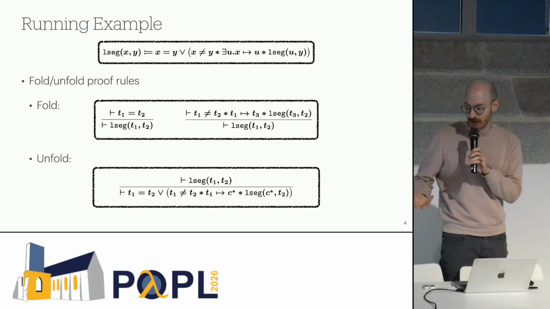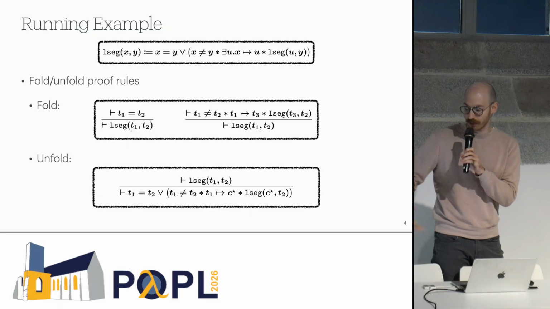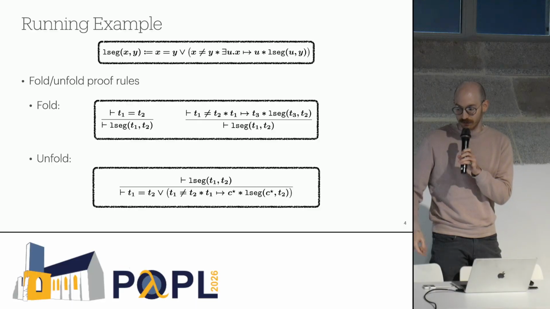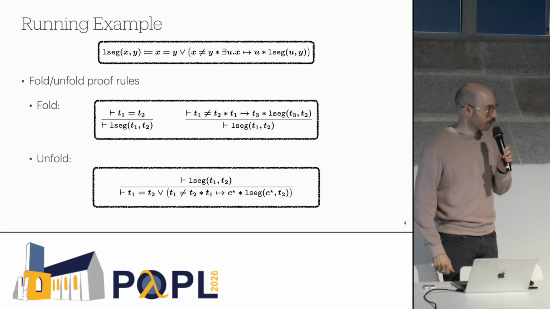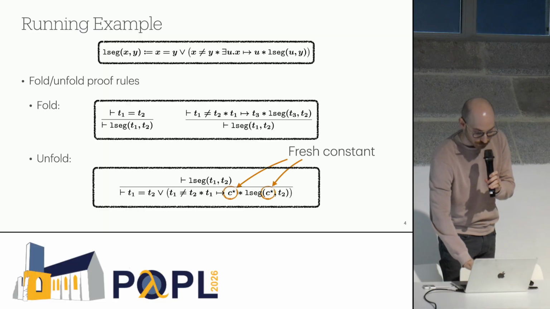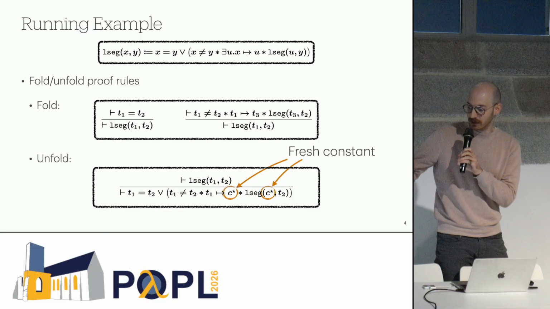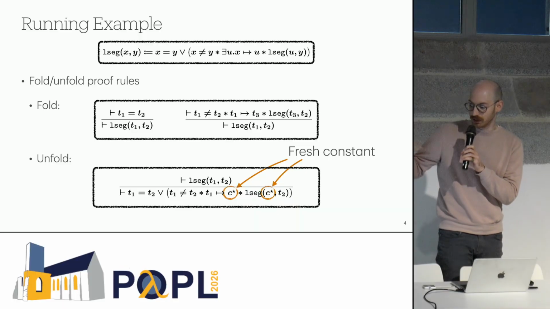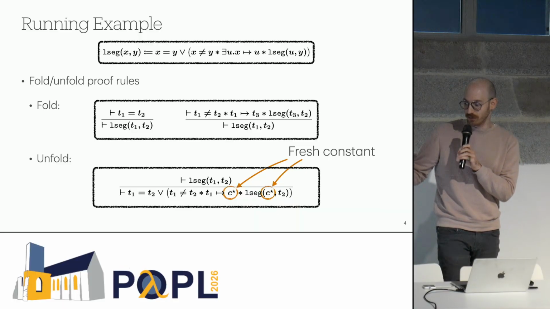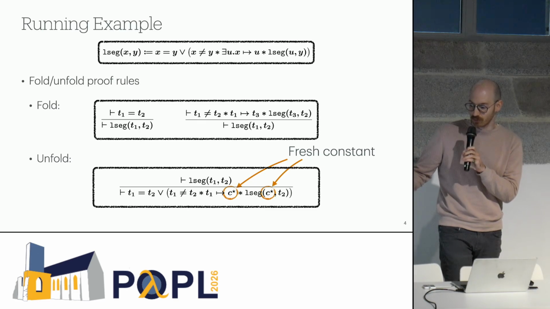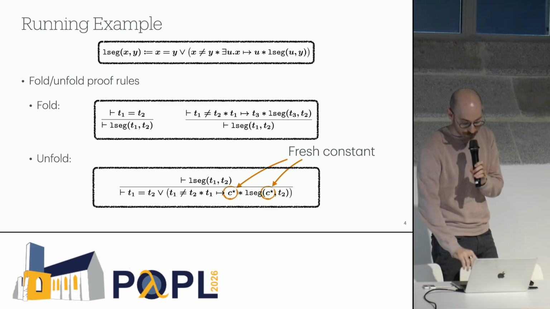And conversely, if we know lseg t1, t2, we can deduce the definition of the inductive predicate. When we use this unfold rule, we introduce some fresh constant that replaces the existential quantifier from the definition.